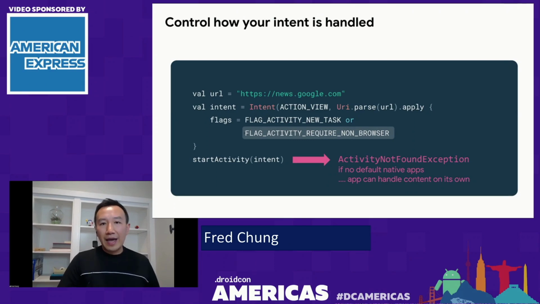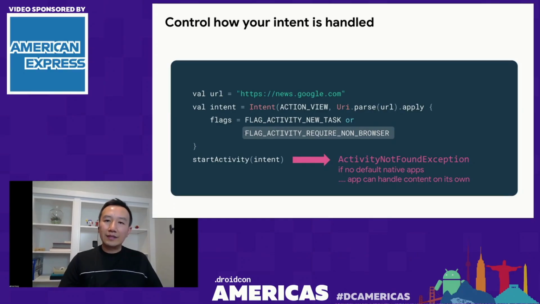For example, if your app supports Chrome Custom Tabs, then you can use it to handle the content properly in your application. There's another similar intent flag called FLAG_ACTIVITY_REQUIRE_DEFAULT. It ensures that there must be one default app that can handle the view intent. Otherwise, it also results in the same exception, so you can override the experience for your users.